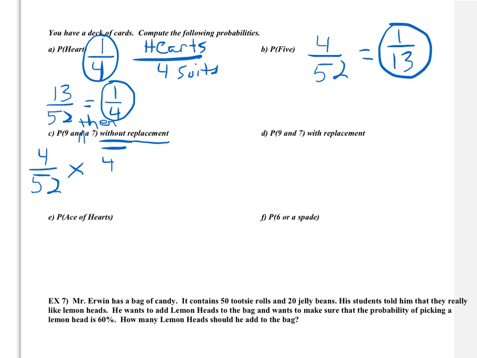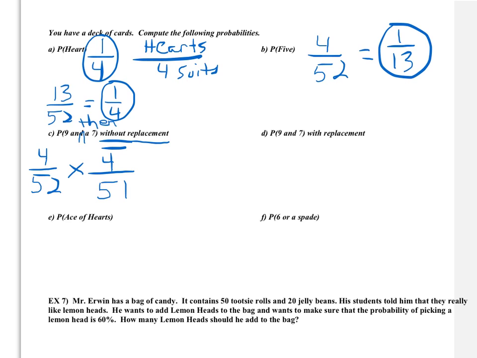There are 4 7s in the deck. Now, keep in mind, how many cards are left in the deck? We already drew 1 card out of the deck, so now there are only 51 cards left for that second draw.